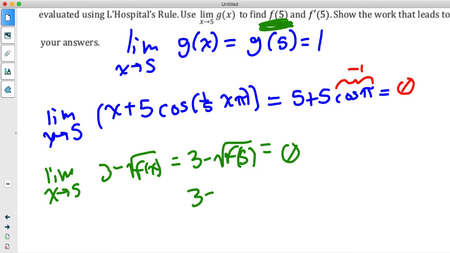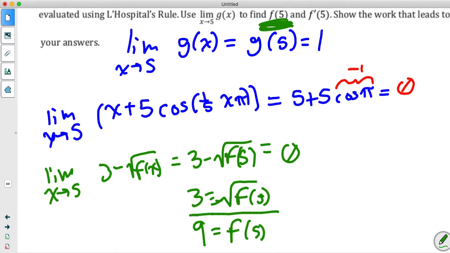So 3 is equal to square root of f of 5. Square both sides: 3 squared is 9, and squaring the square root, we get f of 5 is equal to 9.